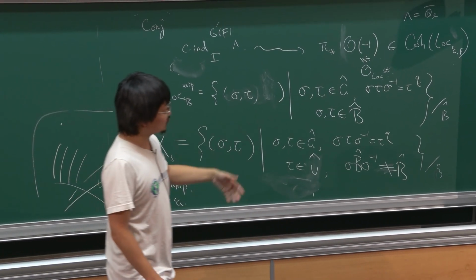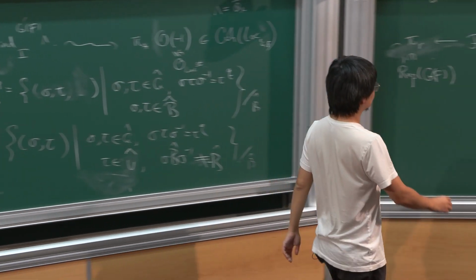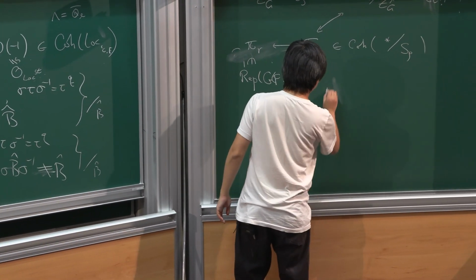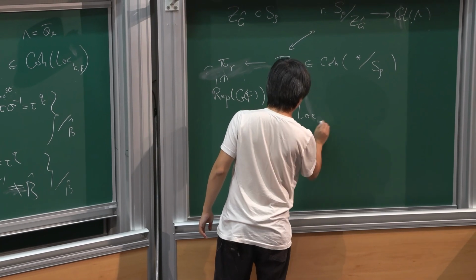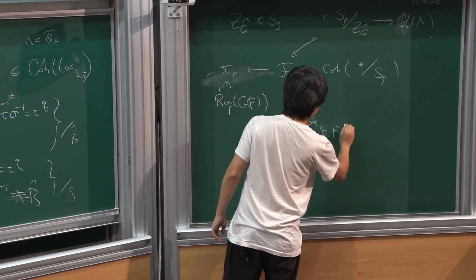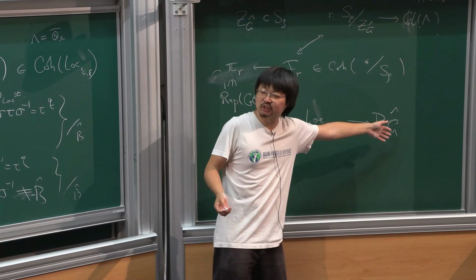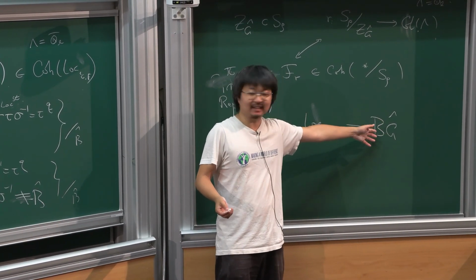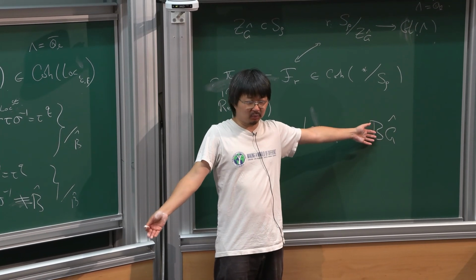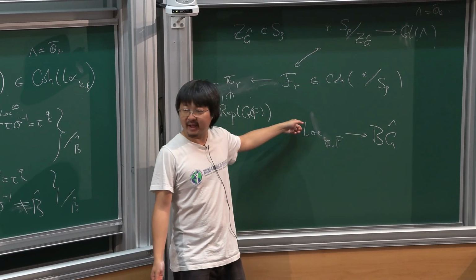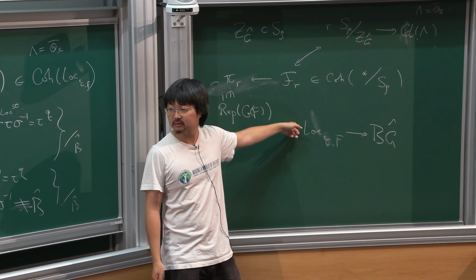In particular, this question can already be asked: because the stack has a map to its quotient stack, it has a map to BG hat. So for every algebraic representation of G hat, you can pull back to get a vector bundle on it.